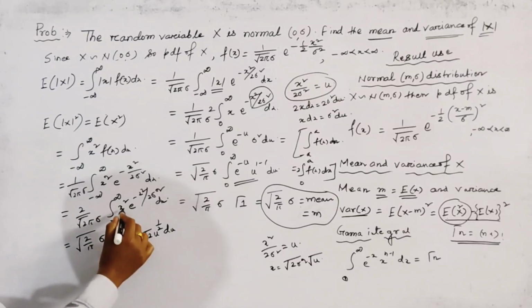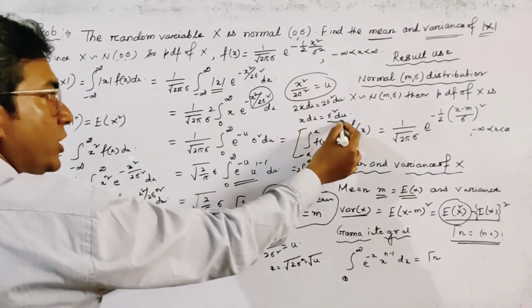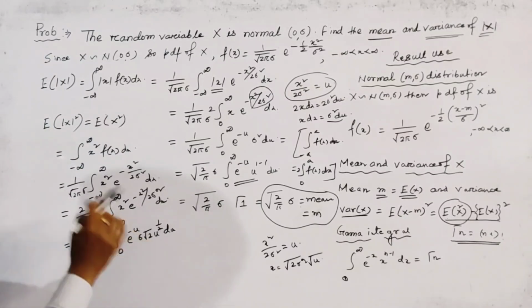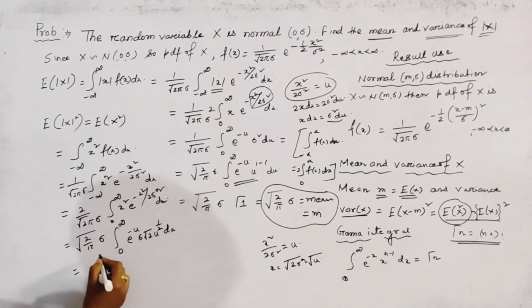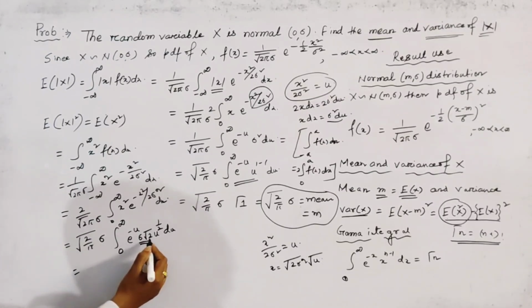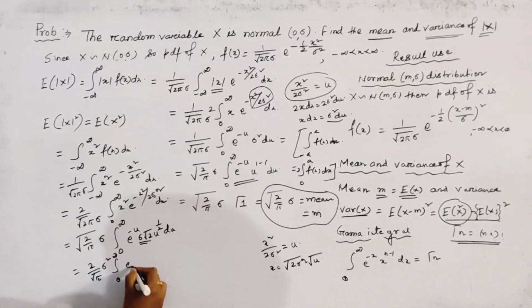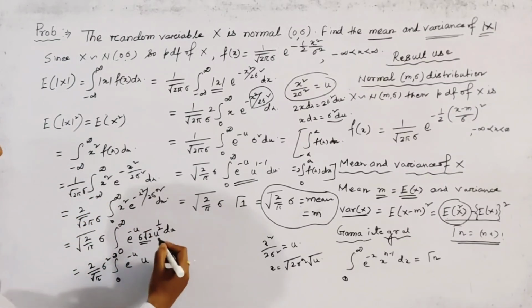We first put x dx equal to sigma square du, and another x is present, and we put the value of x here. The final result is given by: we write sigma into root 2 outside of the integration, so we get 2 by root pi sigma square, integral from 0 to infinity of e to the power minus u, u to the power half.